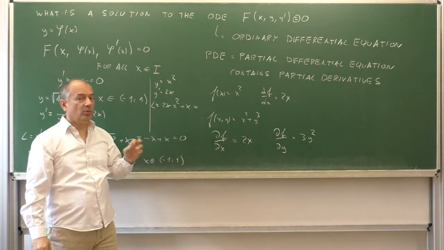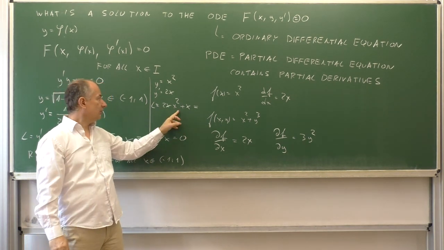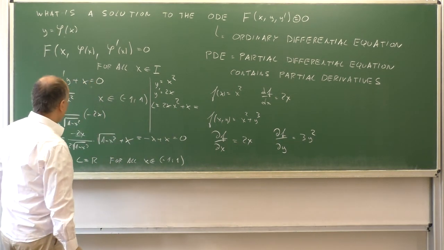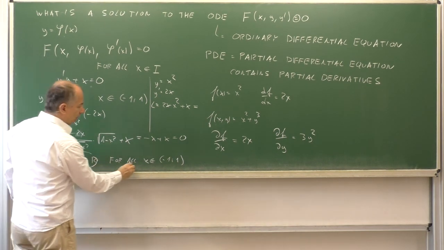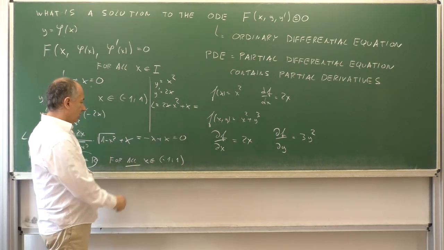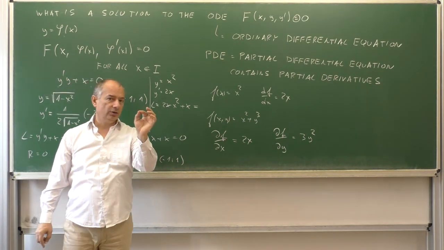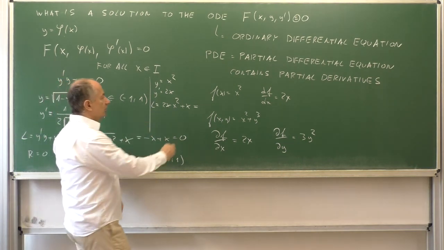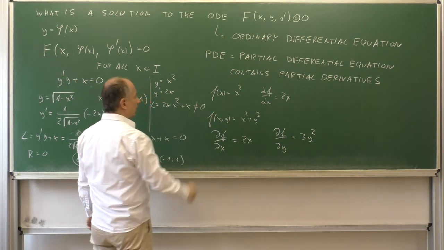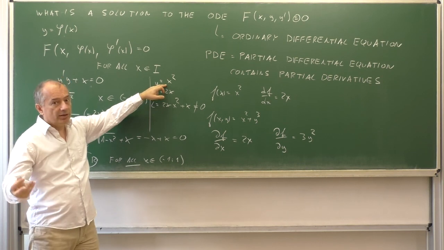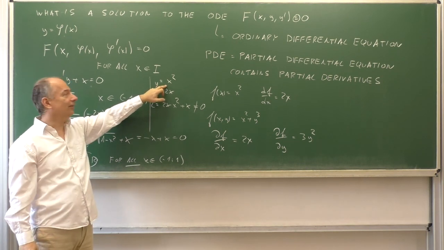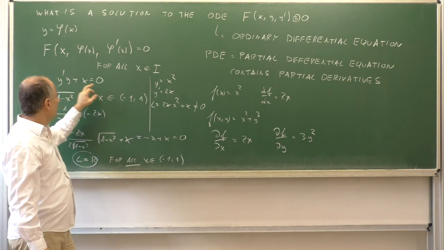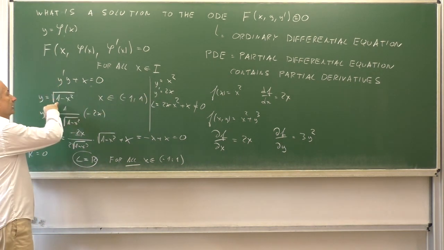It's easy to see that when x is 0, this is 0. But we want the left-hand side and the right-hand side to be equal for all x in some interval, not just for one or two special values, but for all. So this is not equal to 0 for all x. This is a nice function, but not nice enough. It does not solve this differential equation. This function is not a solution to this equation, while the other function is.